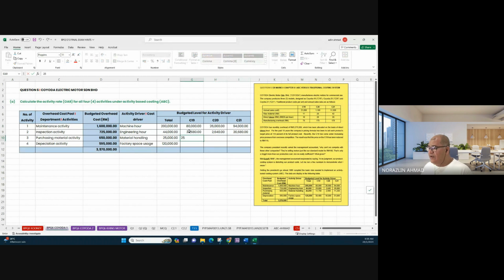This one 25, 11, 11250. This one is 50400, 18,000, 51600.